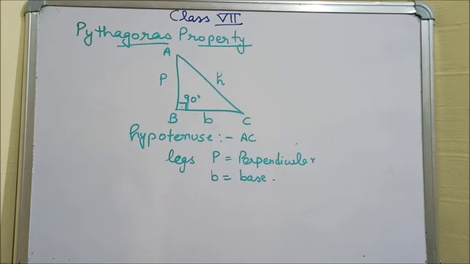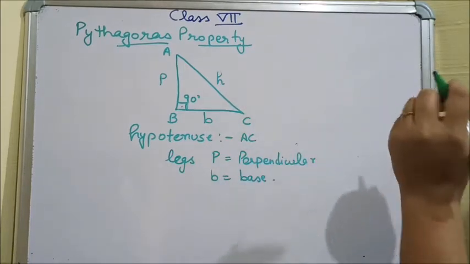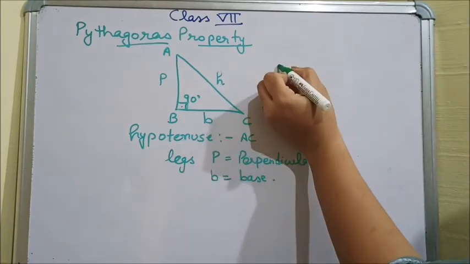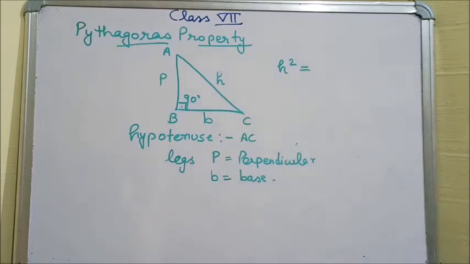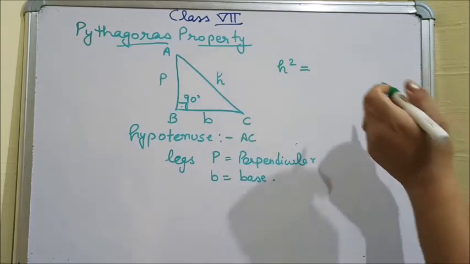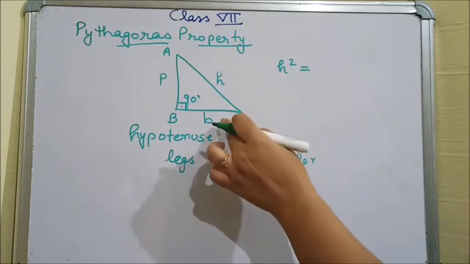According to this property, this is the rule that we are going to use in our exercise. The square of the hypotenuse is always equal to the sum of the squares of the two legs.